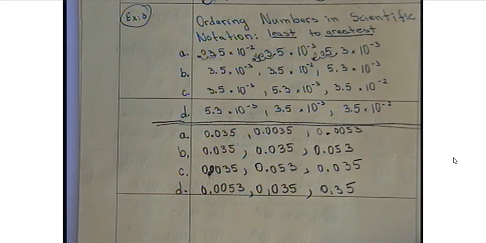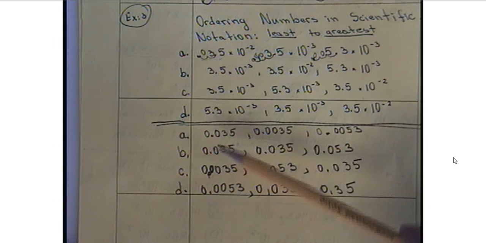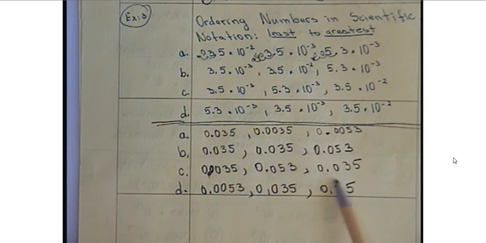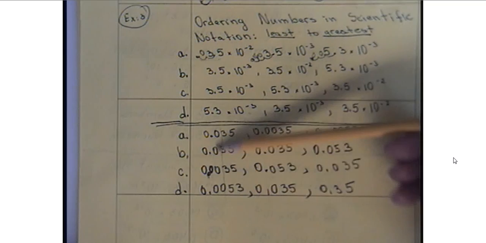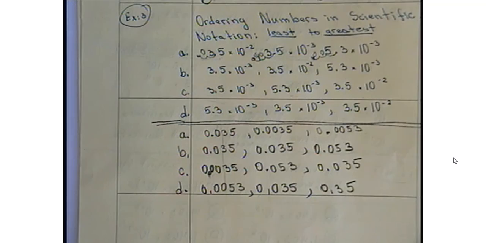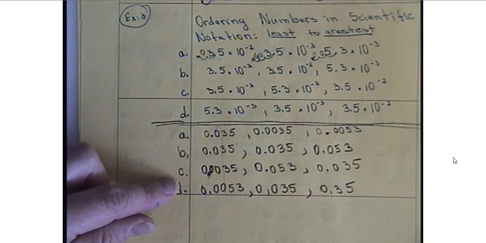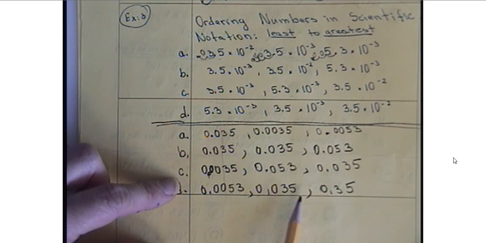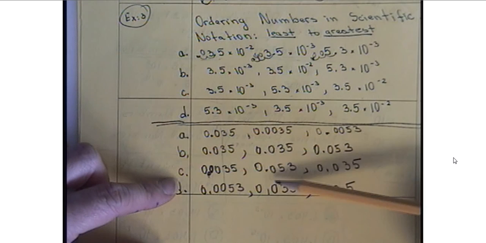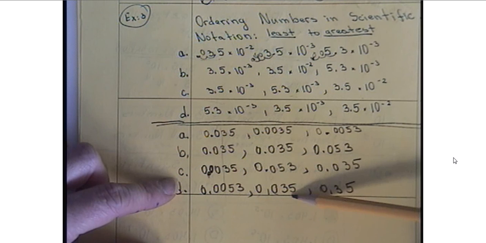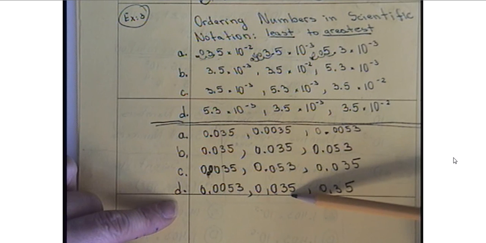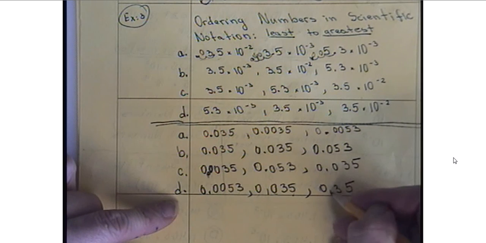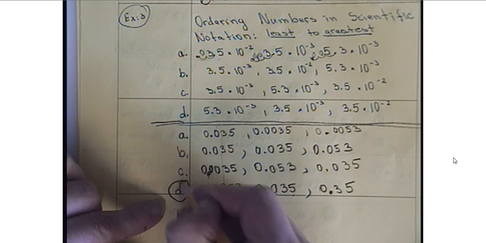Well, if you check all of those and the order is least to greatest, which one shows you the least? Well, you will say maybe those two, but this one is smaller. But let's check the next one. Now those two have the same zeros, but 53 is a larger number than 35. So the conclusion will be that D will be the right choice here.